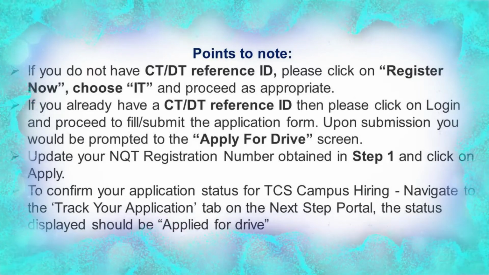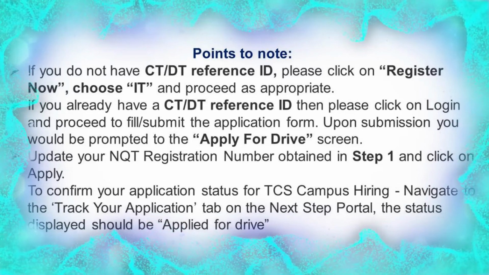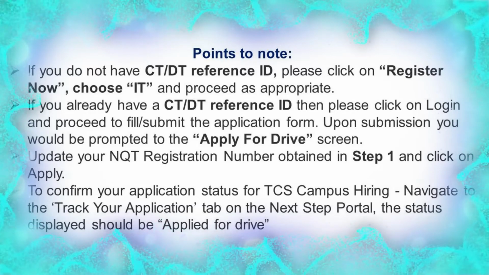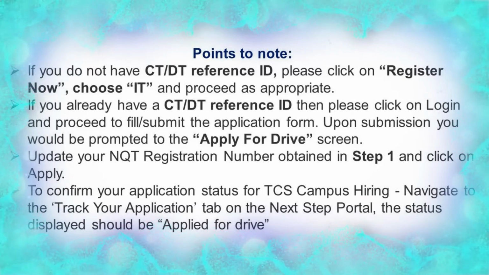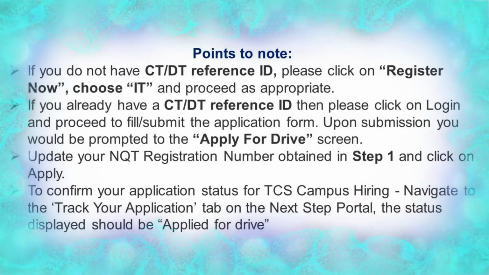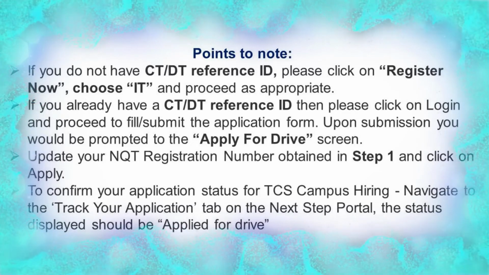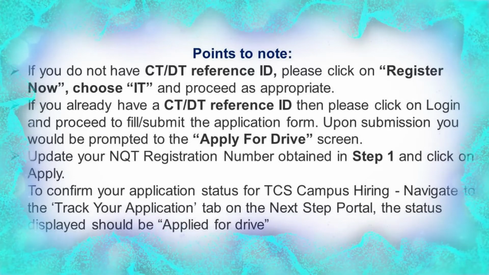Upon submission, you would be prompted to the Apply for Drive screen. Update your NQT registration number obtained in Step 1 and click on Apply. To confirm your application status for TCS Campus Hiring, navigate to the Track Your Application tab on the Next Step portal. The status displayed should be Applied for Drive.